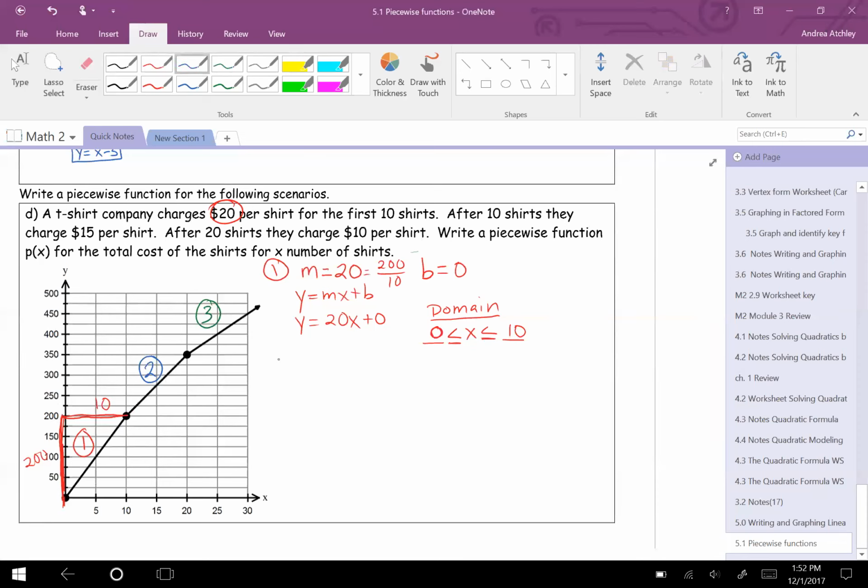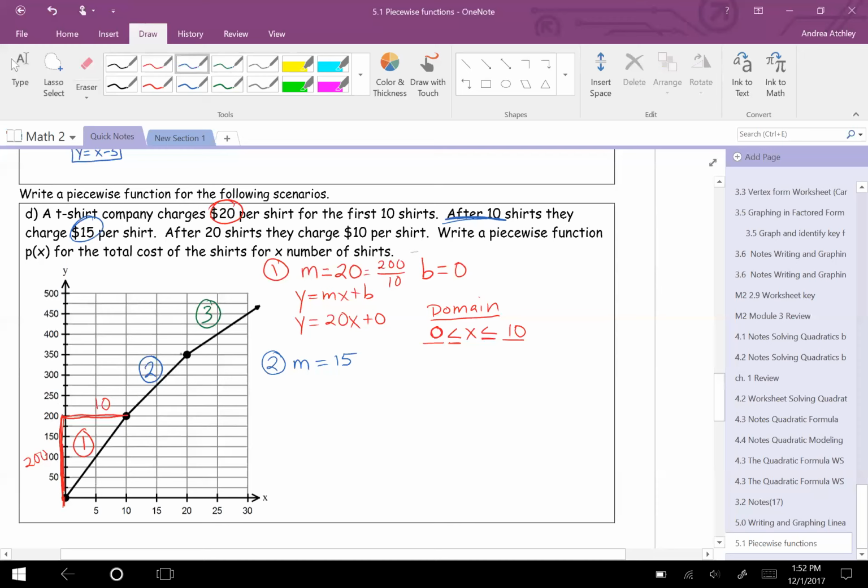Okay. Number 2 equation. The number 2 equation has a different rate. Now for this equation, how much am I spending per shirt? $15. After 10, I'm buying them at $15, a rate of $15 per shirt.